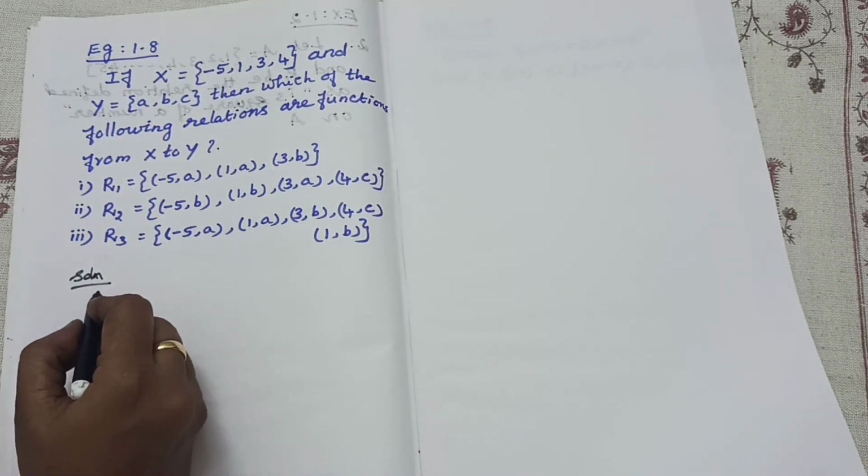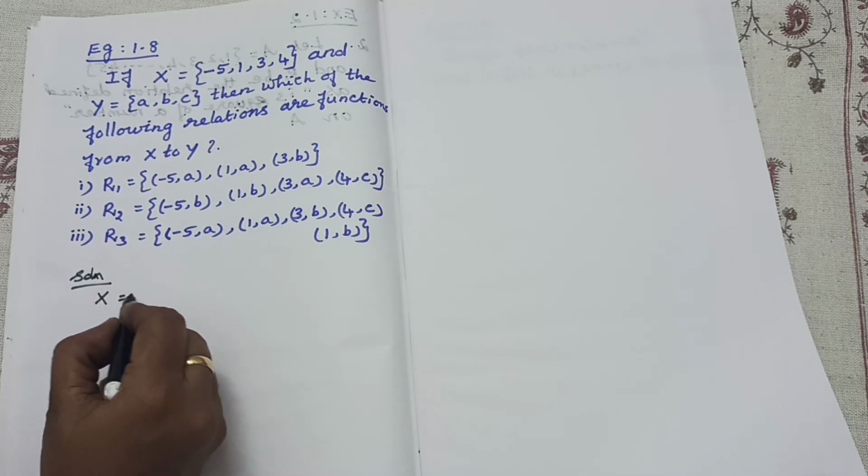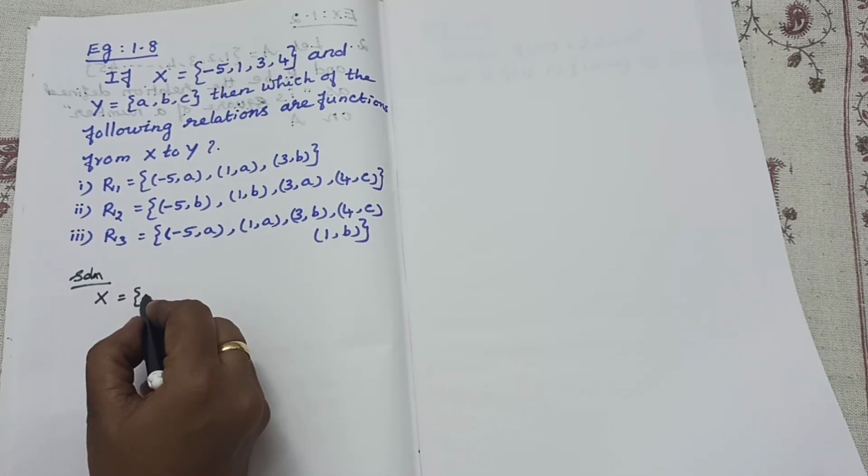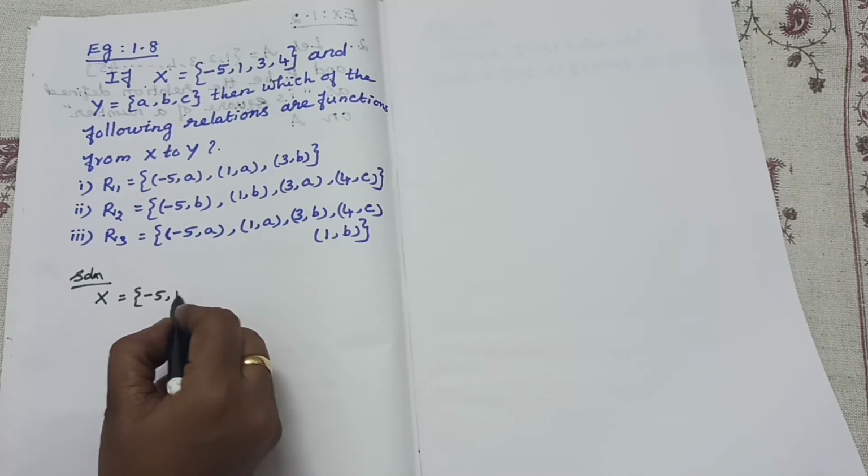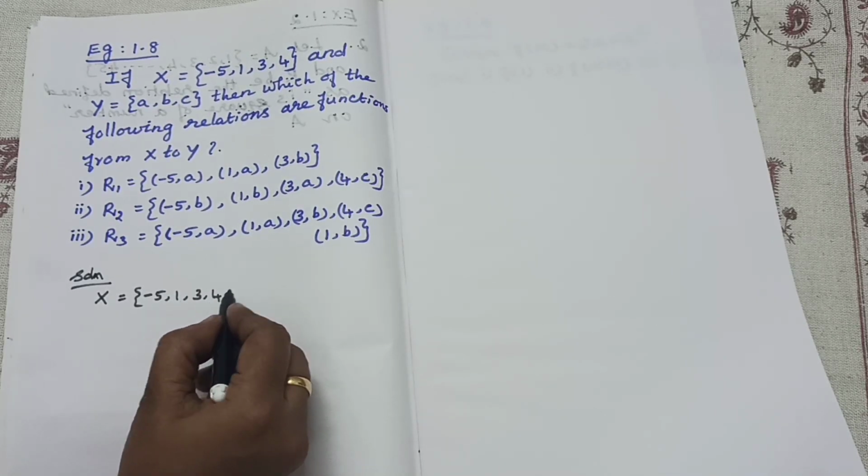What is given we have to write. X is equal to the set of minus 5, 1, 3, 4.